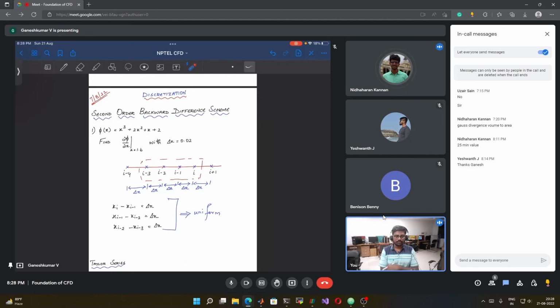What you essentially do in discretization is convert a PDE into a system of linear algebraic equations. While doing that, it's actually an approximation of a PDE, which means there is going to be error sticking with that approximation.